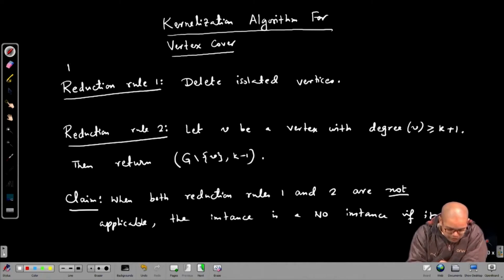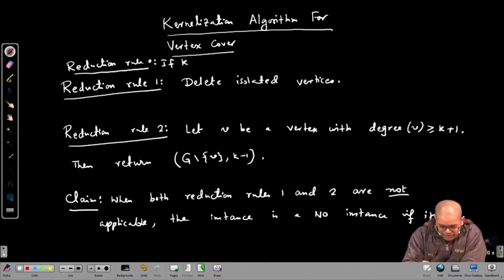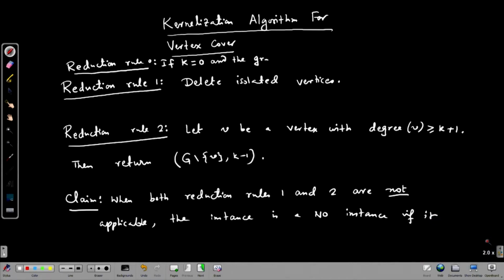So we can write it here, reduction rule 0: if k equal to 0 and the graph contains any edge, return a no instance.